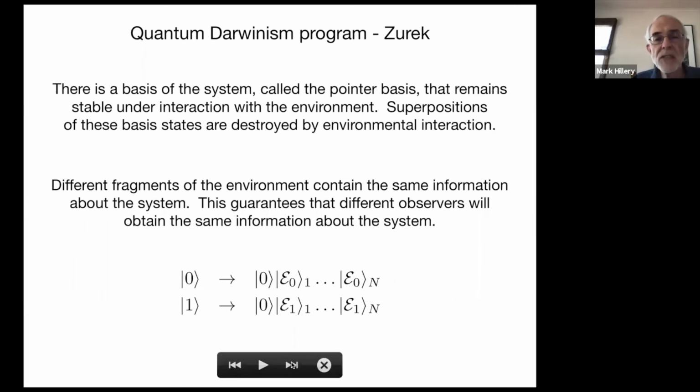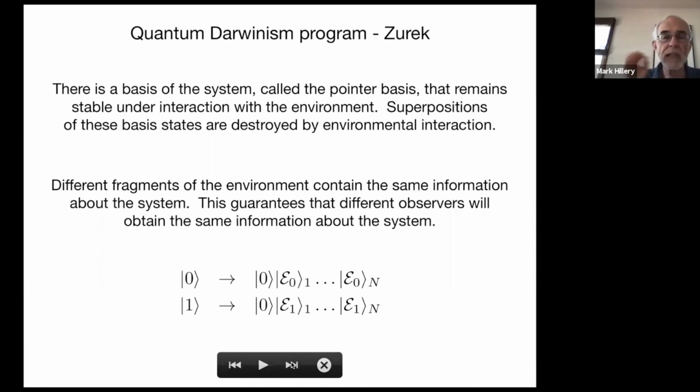So the idea is that this special basis, which is stable under interaction with the environment, is called the pointer basis. Essentially the interactions of the system with the environment will destroy superpositions of states in the pointer basis. So I'll get basically incoherent superpositions of the pointer basis out.